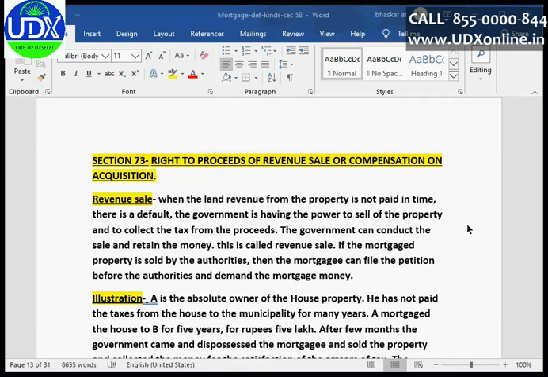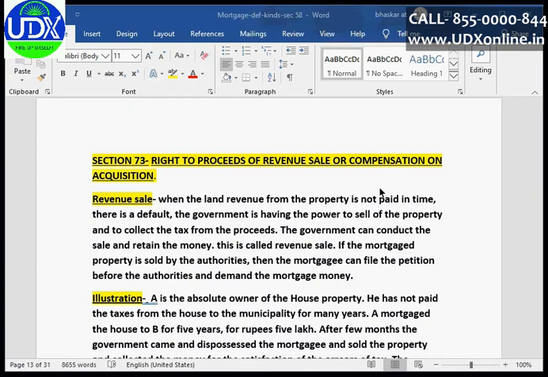The mortgagee can secure the amount of mortgage from the concerned authorities. So this is the right available to the mortgagee, Section 73.